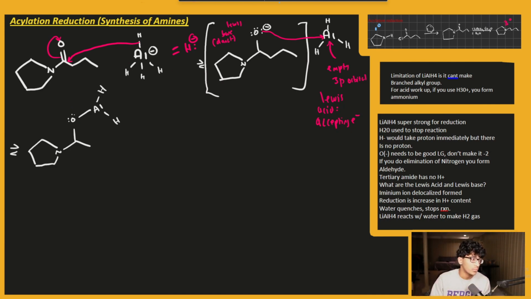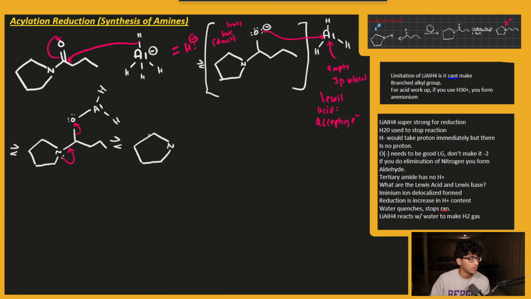So this is how we're gonna do it. We do elimination, so he's gonna be kicked out like this. Before, he's not good to leave. But once we add him to the aluminum structure, he's gonna get kicked out and he's only gonna have one negative charge, which is good. So now what we formed is this structure.